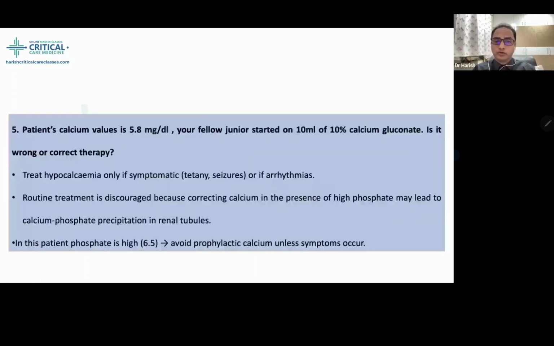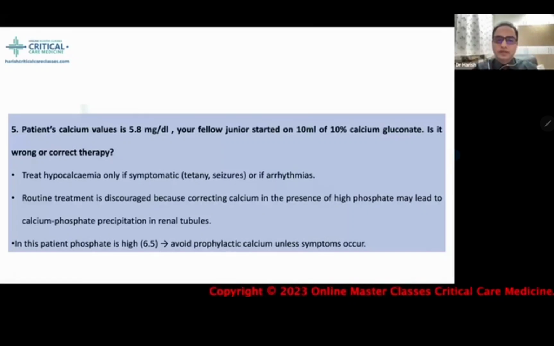Very, very important question. Okay, so remember, treat hypocalcemia only if symptomatic, like the patient is having tetany, seizures, or hypocalcemia-related ECG changes, arrhythmia and all.